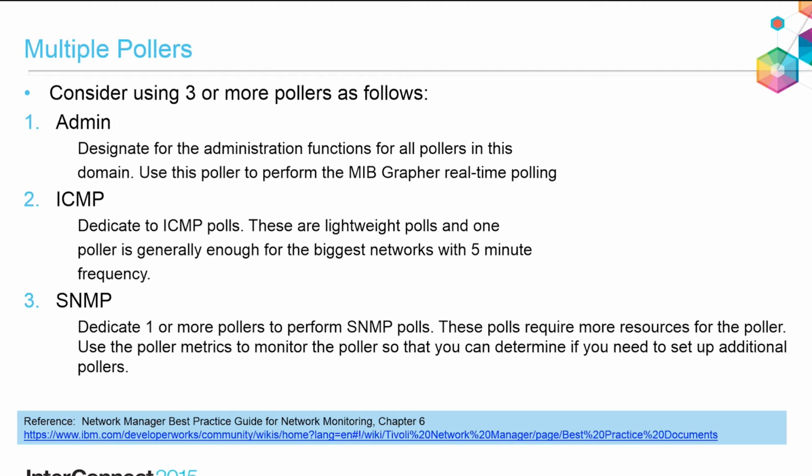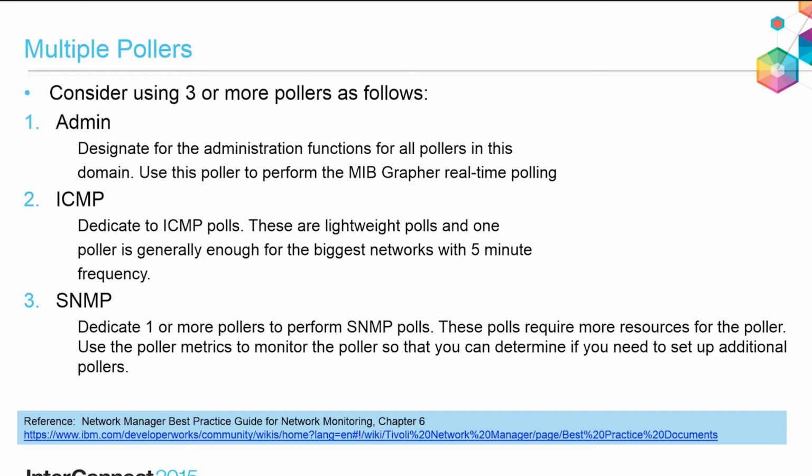So by default, kind of like a best practice, you can configure these pollers. One of them, set it as the admin poller. Now, if you don't set it, the default is that the pollers will automatically be admin. They'll do the admin work as well. So that's fine. But I would set it to admin just to make it explicit.